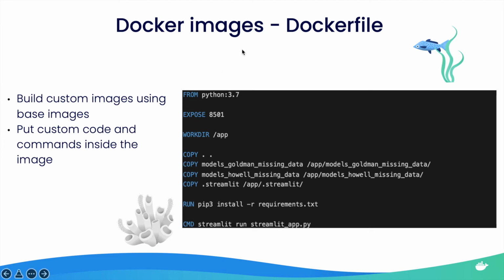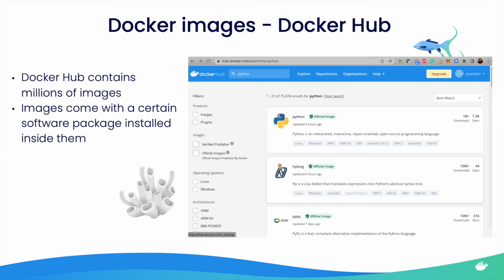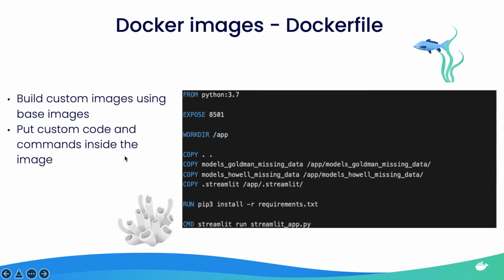What this means is that you see on the first command we put, and this is the syntax of Docker, the first command there is from. So using the from command, you can pull, this is how it's called, the Python image that we saw in the previous slide, this one, okay? And 3.7 is the version of Python that is loaded inside this image.